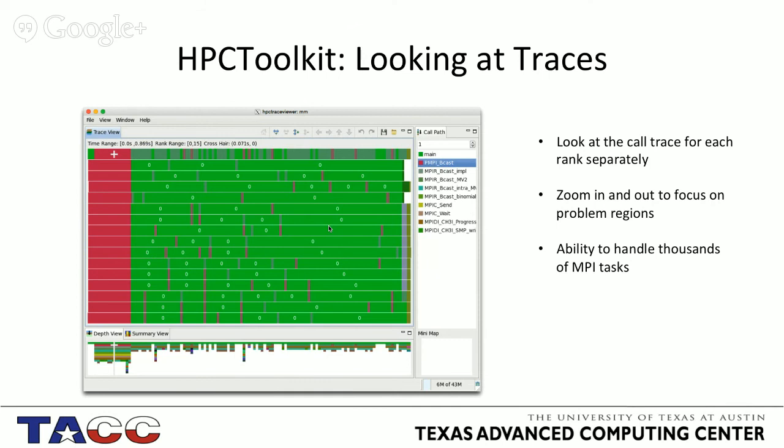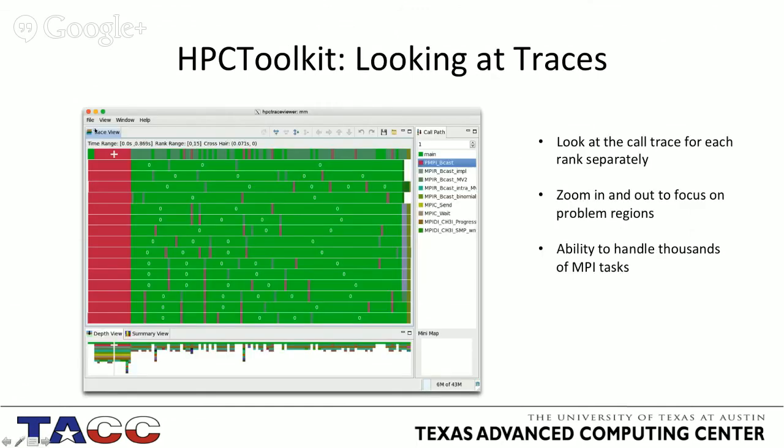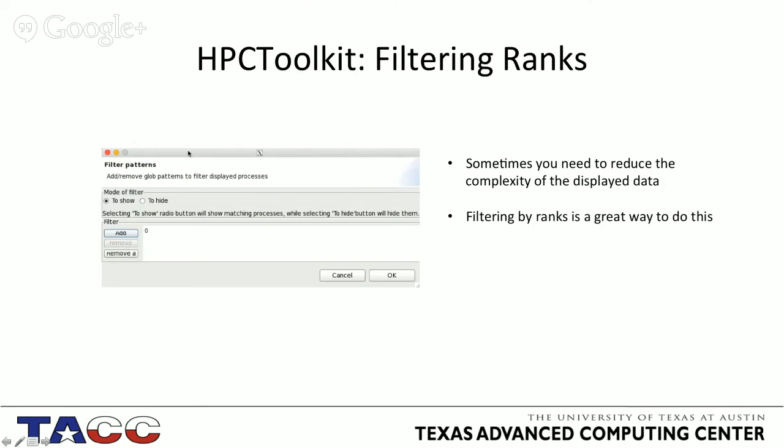Something that is useful when you have lots of tasks is the ability to focus on one or two of them, say task number 0 and task 27, just to see if you see significant differences between the timelines. You can do that by filtering ranks. So there's an option here in the view menu where you can apply a filter.